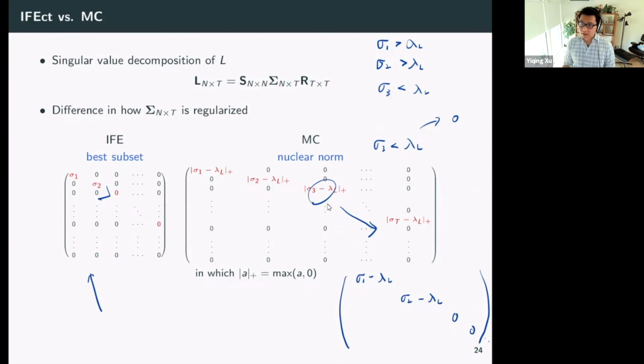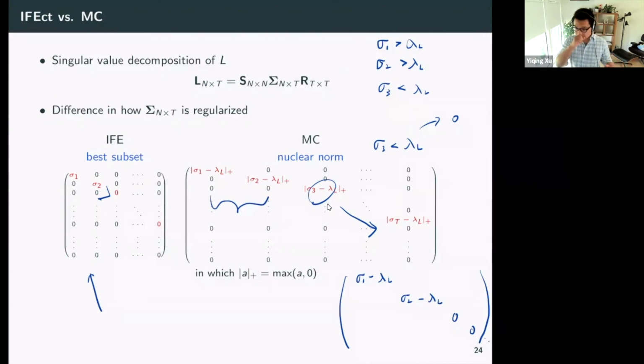Matrix completion will be biased because, as a rule of thumb for most machine learning algorithms, if you directly use a predictive machine learning algorithm that involves a tuning parameter to conduct causal inference, some bias will remain. You have to correct for biases, because you impose regularization on the original data. So the first 2 will also be regularized. But it's a much softer touch on the regularization.